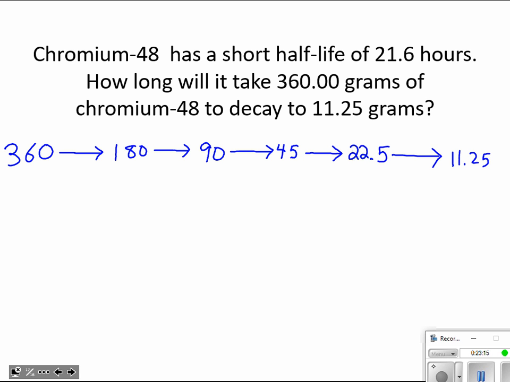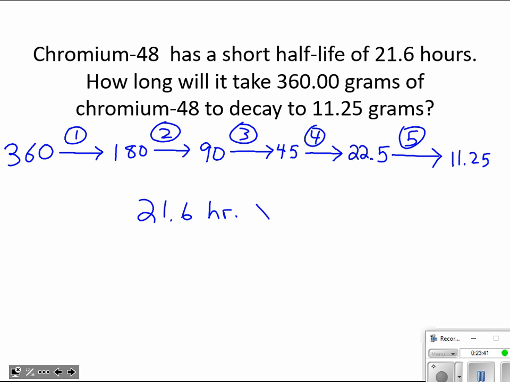So I know that in order to go from 360 to 11.25, I need 1, 2, 3, 4, 5 half-lives. How long was each half-life? 21.6 hours, and I have 5 half-lives. So when I take my 21.6 times 5, I get 108 hours.